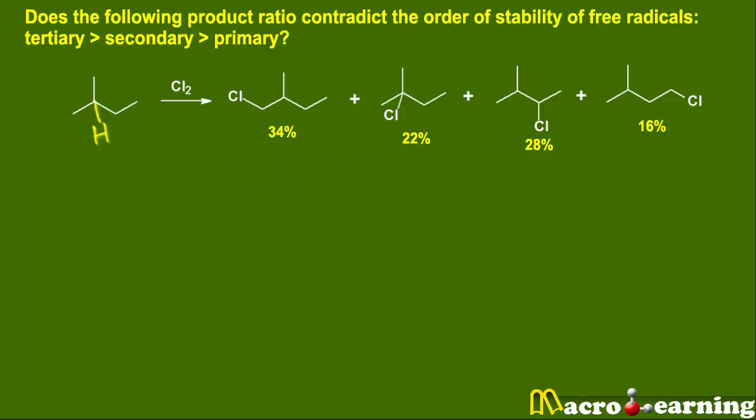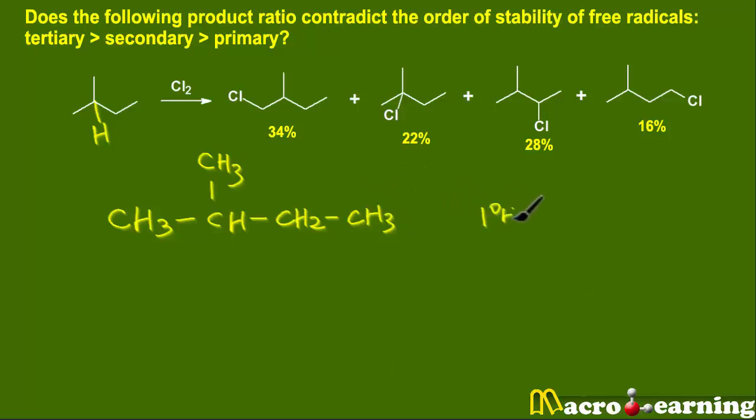To see what I'm trying to say, let's draw out a full structure of that alkane, which is more like this. Let's now count the number of each type of hydrogen. How many primary hydrogens do we have here?